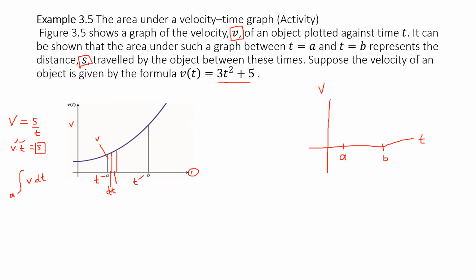So from A to B, all these areas will be added, and that will give us the distance. Distance practically is not given here, but the concept of the area and the concept of multiplication of length and width suggest to us that this is actually distance.